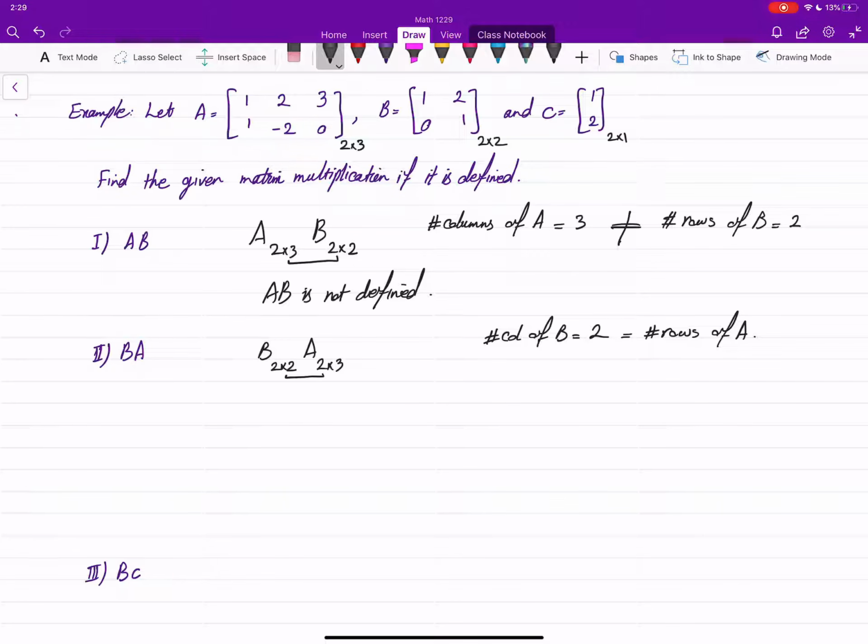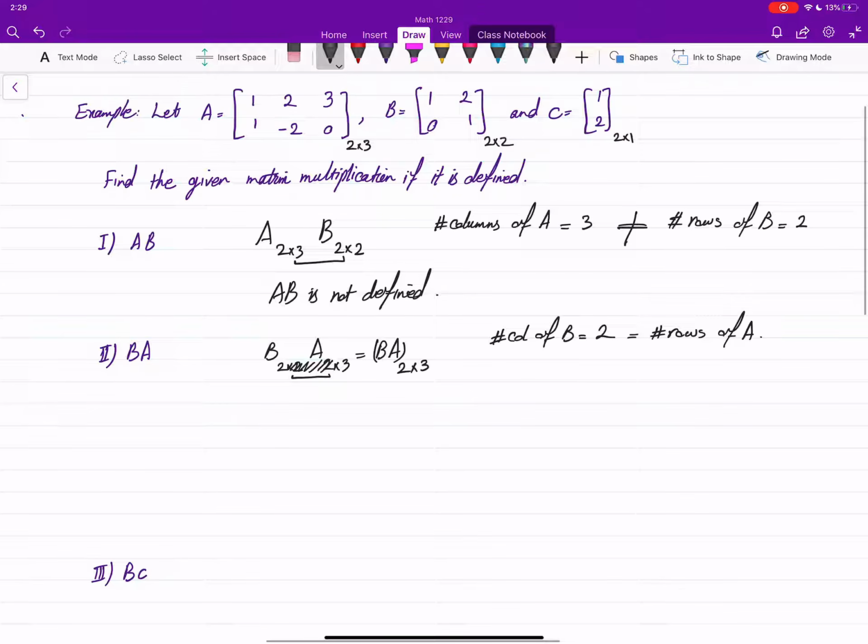Well, when they are the same, you basically ignore those, and then BA is going to be a matrix of 2 by 3. 2 rows, 3 columns. Now we have to find 6 entries.